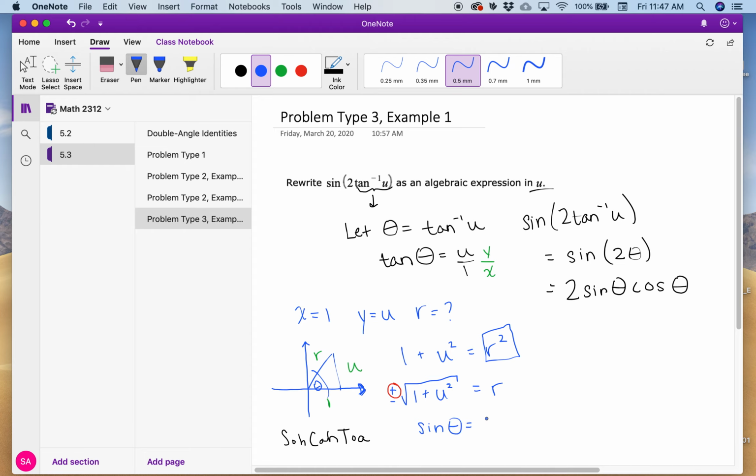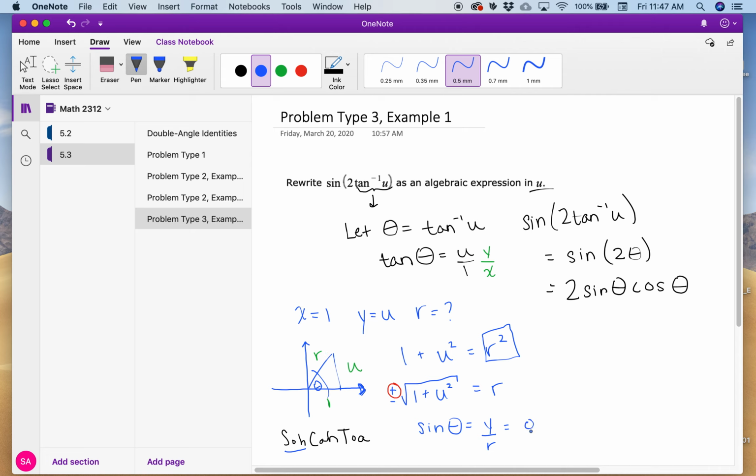All right, well, sine of theta, sine of our angle, is equal to y over r, right? Our y value happens to be this u, and then it's going to be over r. So just notice, if we use this triangle form, SOHCAHTOA, sine is equal to the opposite over hypotenuse. Our opposite is u, our hypotenuse is r.